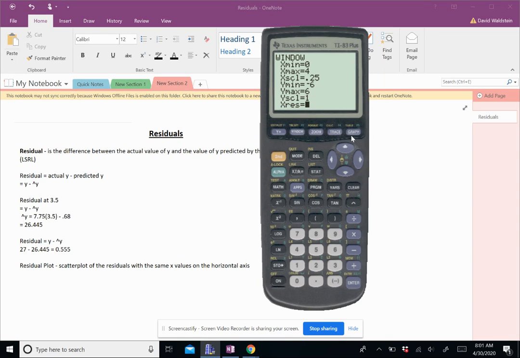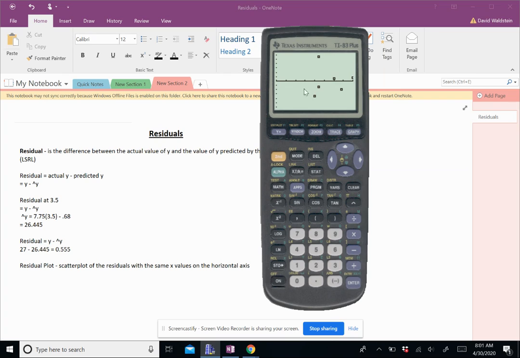We'll count by ones. And I don't want that line on there. And this is our residual plot. If I get rid of some of those values, we can center it a little bit better. So here's an example of our residual plot.